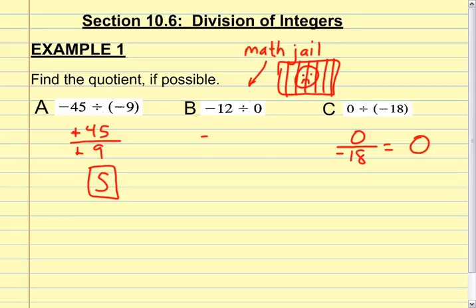This says negative 12 divided by 0. Just looking at the signs, our answer would be what, Elise? Negative. But we can never, ever divide by 0. You can never divide by 0. Okay? That's against math law. This is undefined. Remember it now.